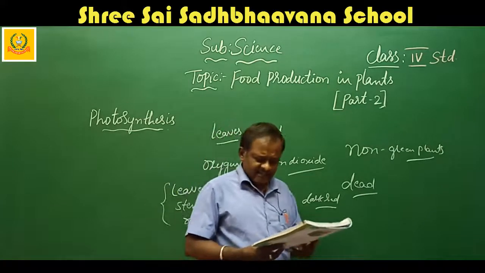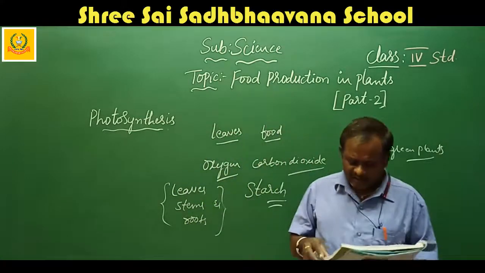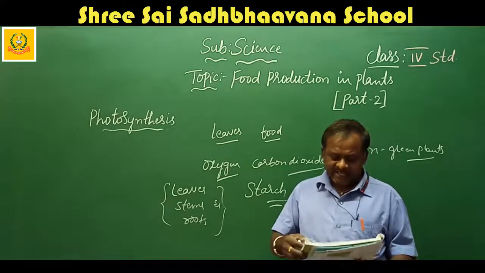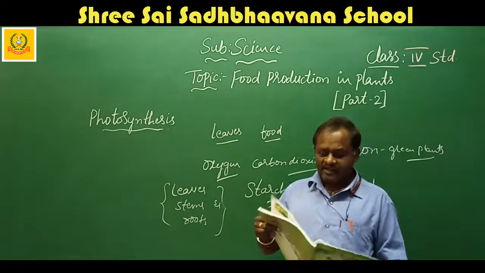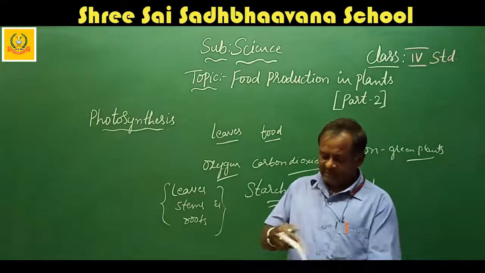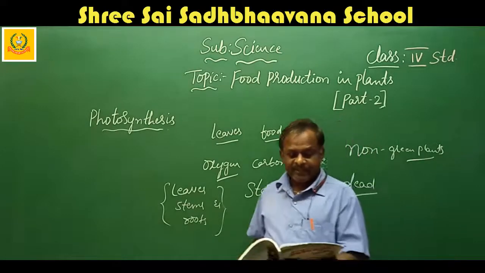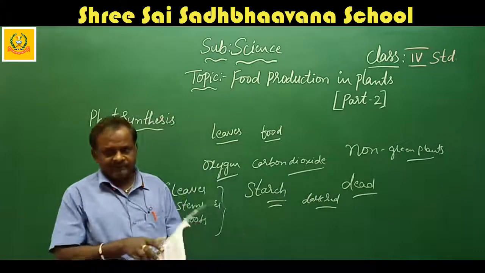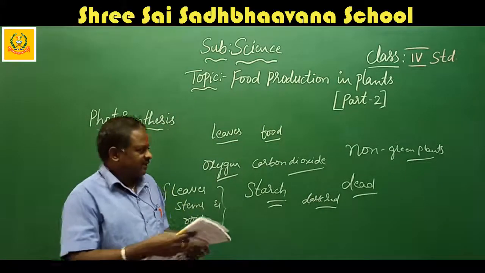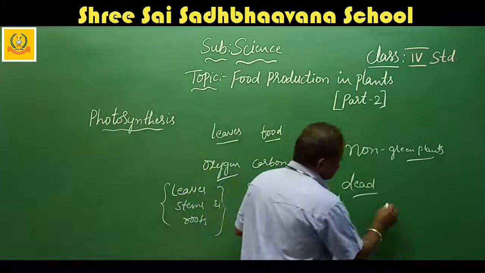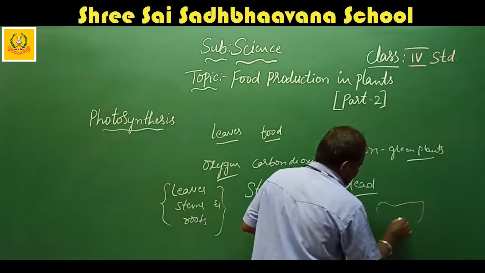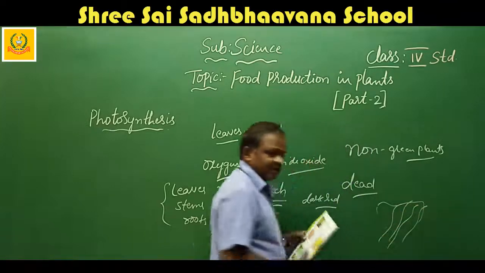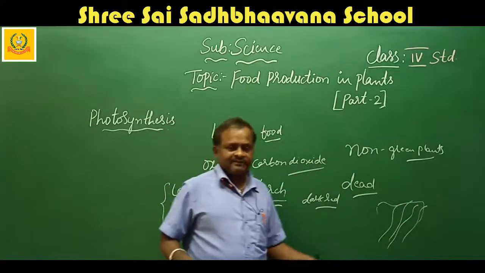Next, plants like dodder and amarbel are not able to make their own food. They are dependent on other green plants. They develop special roots which penetrate into the host plant for their food. Some special plants grow on another plant itself.